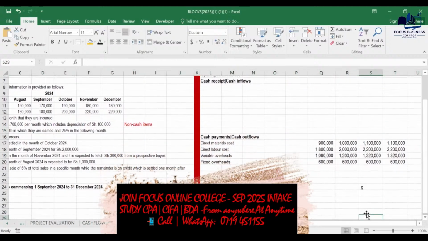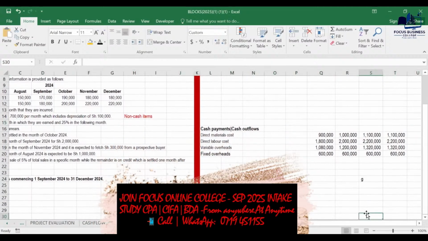Let's have some working in relation to that. The wages which are paid in each of these months. So I'll have that as a working down here. Workings. So the first working we need to do here is for the wages paid.